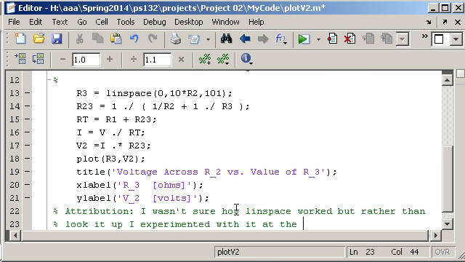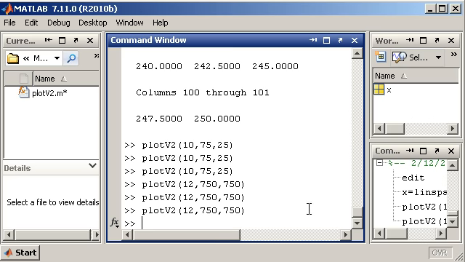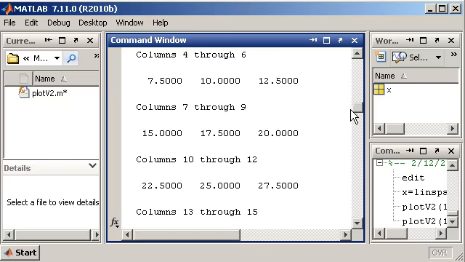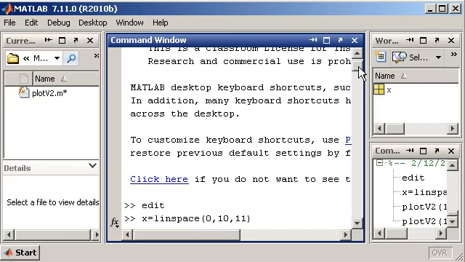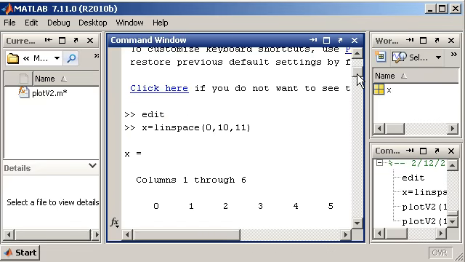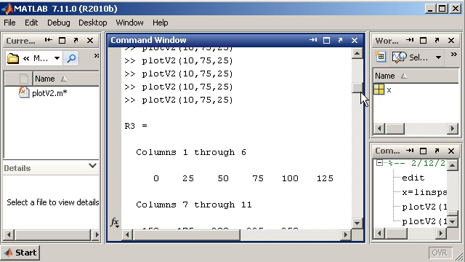I call it the MATLAB command level. That's here. That's the MATLAB command level. And I'm assuming it's pretty far up there. There it is. I was playing with linspace right there, and that worked.